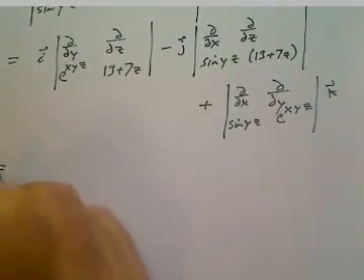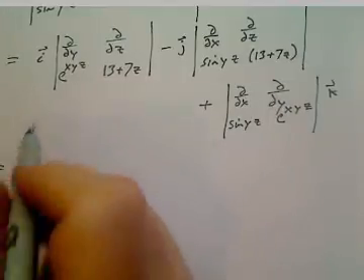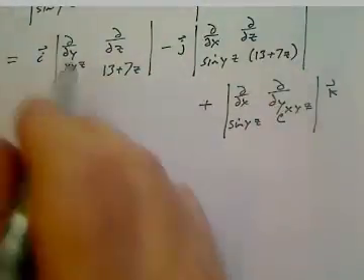And so we're going to have now, and I'm going to write the i and j and k at the end here.